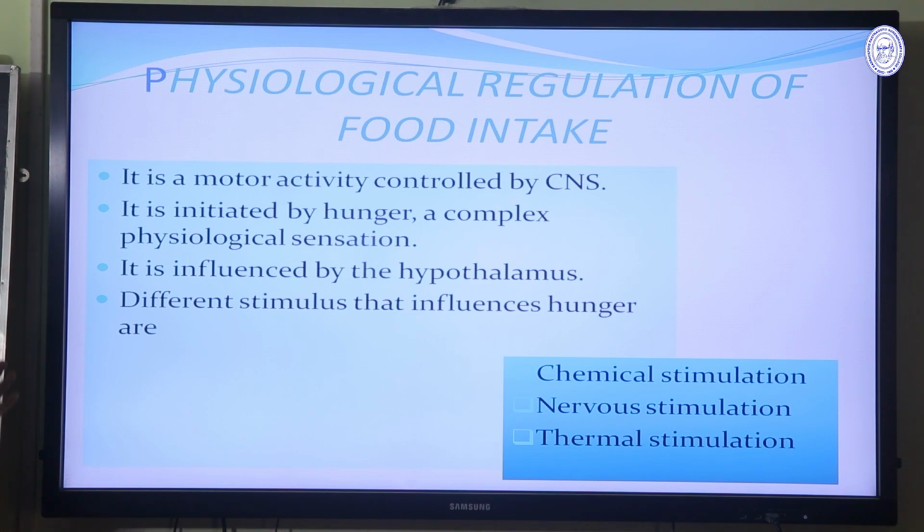So, coming to some stimulation that may influence the regulation of food intake. It is a motor activity controlled by the central nervous system. It is initiated by hunger, a complex physiological sensation, and it is influenced by the hypothalamus. Different stimuli are there, like chemical stimulation, nervous stimulation and thermal stimulation.